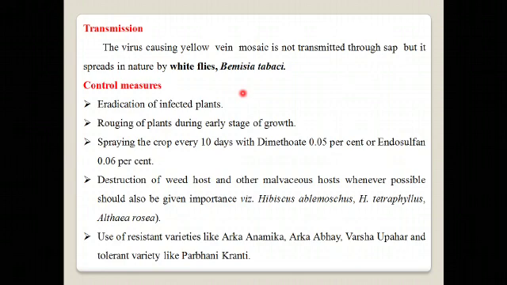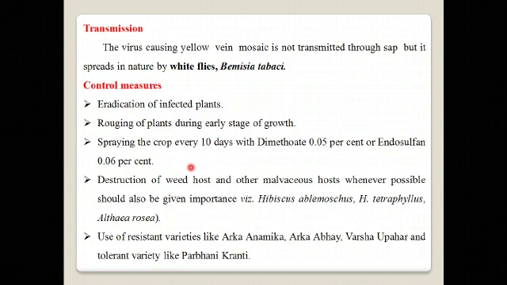Then plant four rows of tall border crops, that is maize, sorghum, or bajra, around the bhendi field. So this reduces whitefly infestation and also the disease.